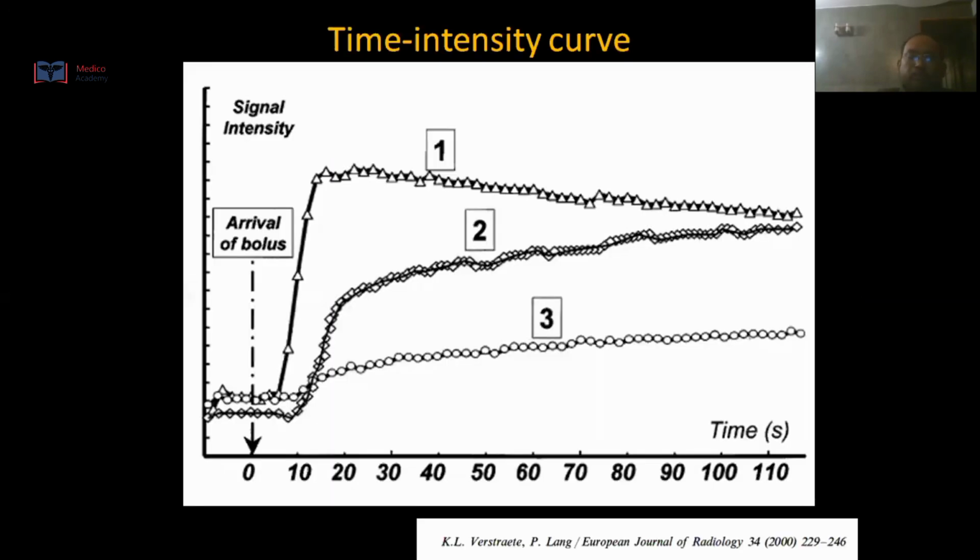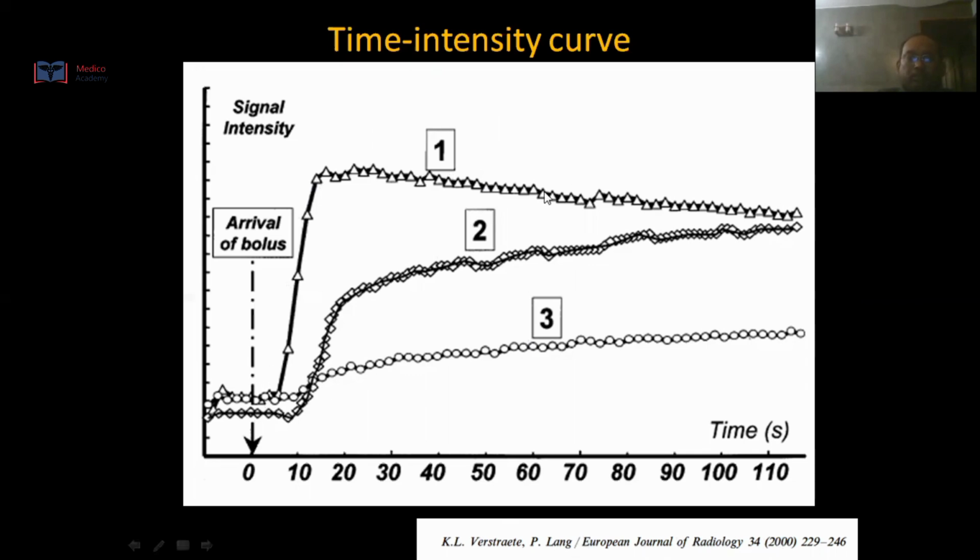Now coming to the role of dynamic contrast enhanced MRI. Before we go into the imaging, I would like to talk about three different types of graph, which are interpreted based on the time intensity curve. This has been borrowed from a European Journal of Radiology article.